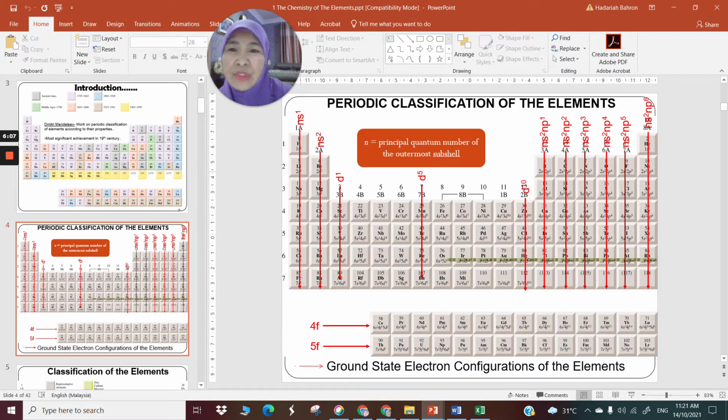For lithium, outermost shell number 2. But it's still one s electron in the s orbital. And s2 is also similar, where the outermost electrons occupy the s orbital, but pairing up with the s1 just now.